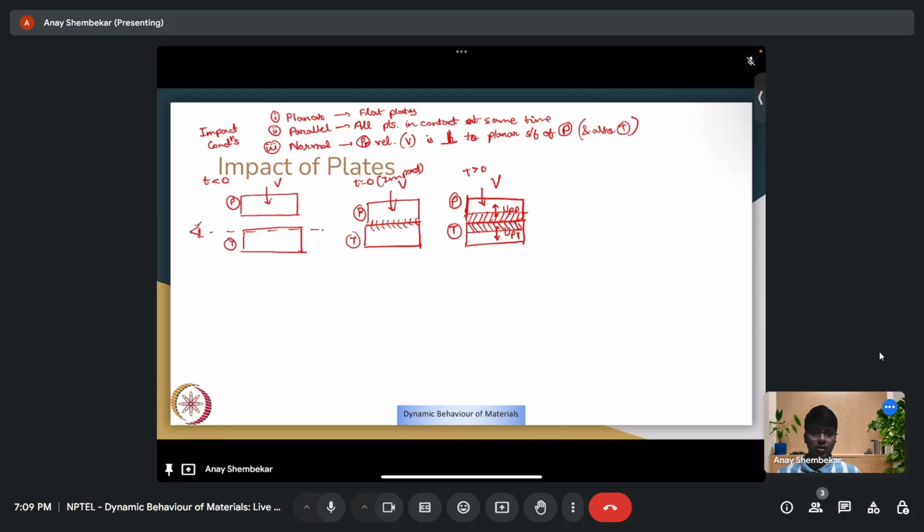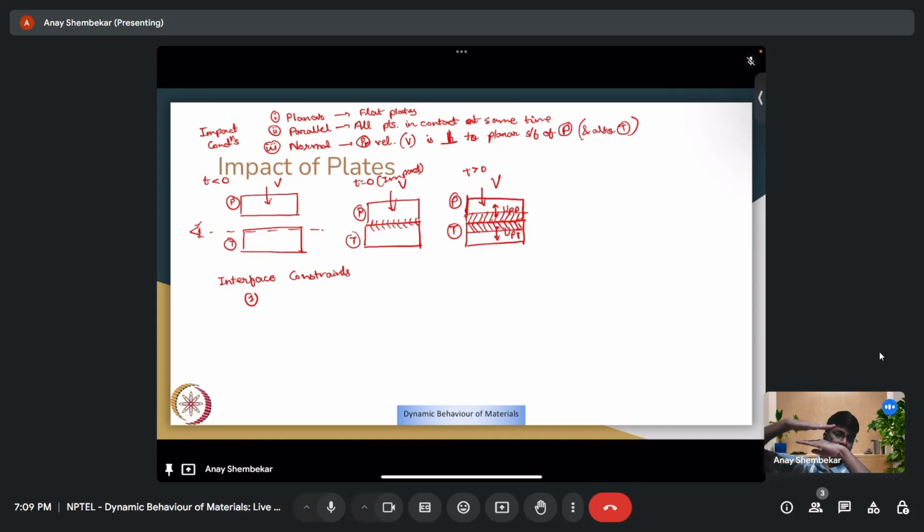Right. While analyzing what happens at the contact surface, we'll consider two important interface constraints or conditions. First, both the projectile and target at the interface will have the same displacement so that the contact remains.